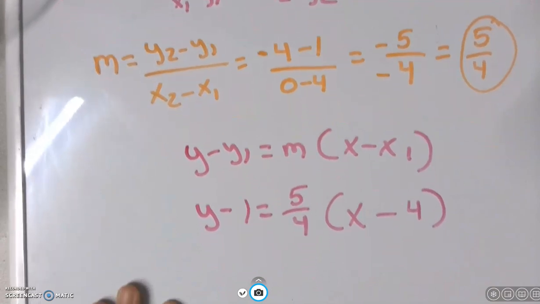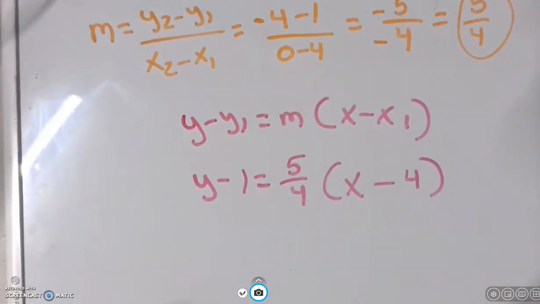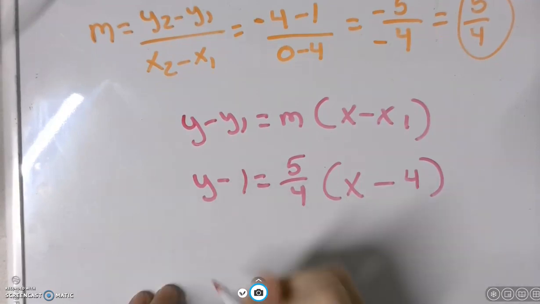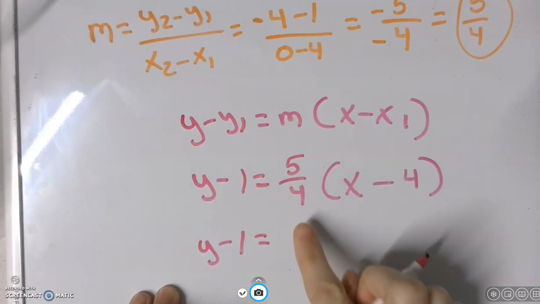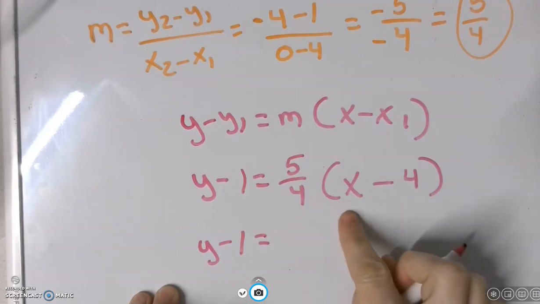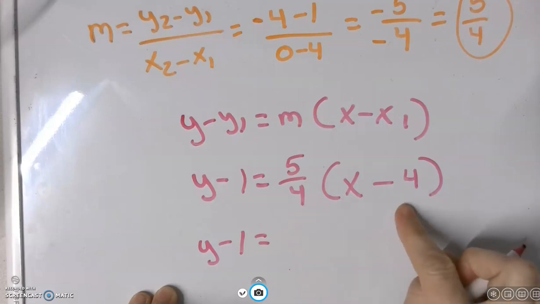My next step here, I need to simplify both sides. Y minus 1 can't be simplified, so I just bring that down. But here I need to distribute 5/4. 5/4, when I distribute, gets multiplied to x and also gets multiplied to -4.